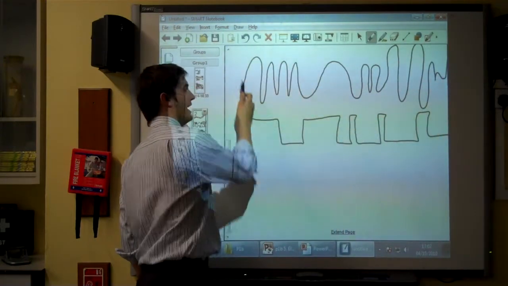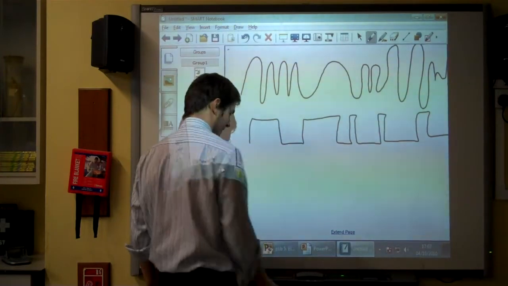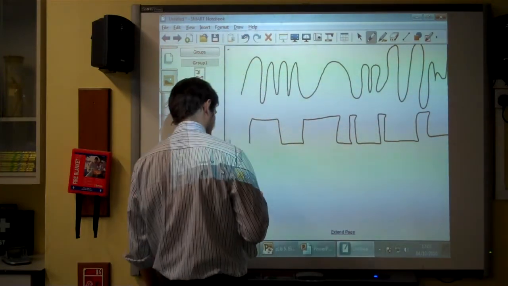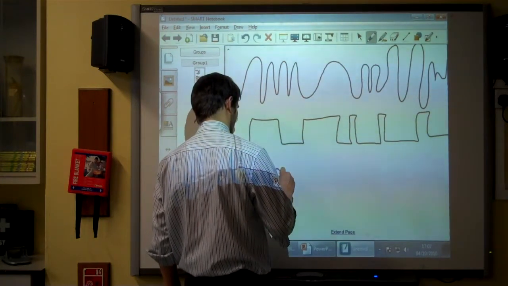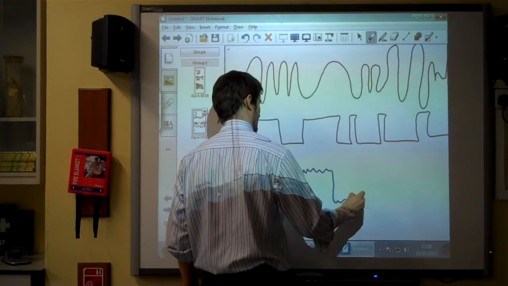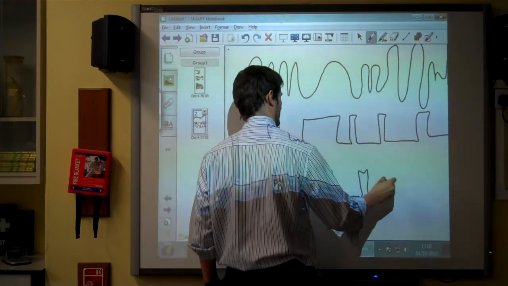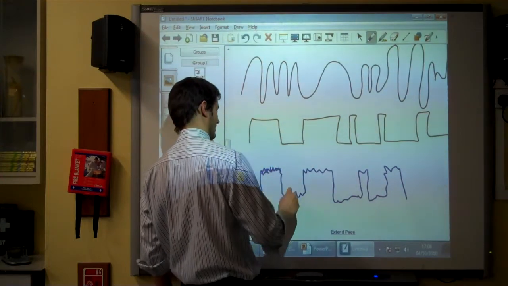Okay, look, analog, digital. When a digital signal gets noisy, so you send it down a cable and it gets noisy, it will look like this. The noise is the squiggly bits that go like this.